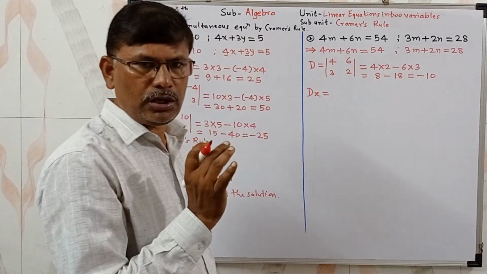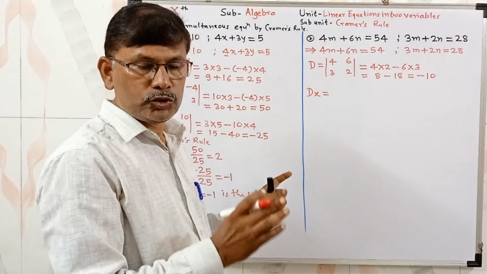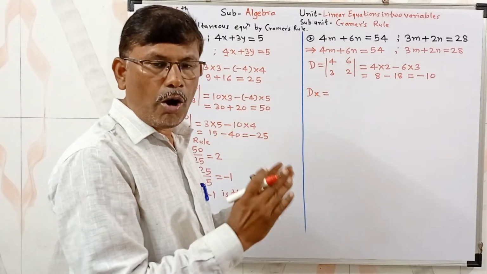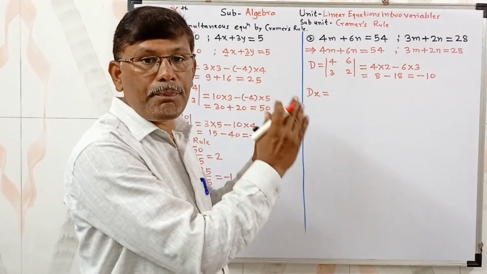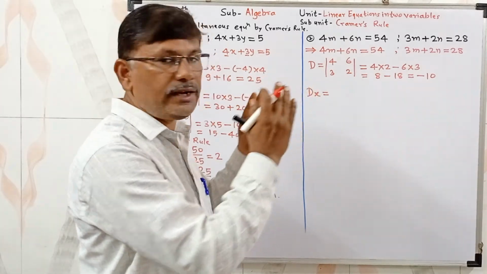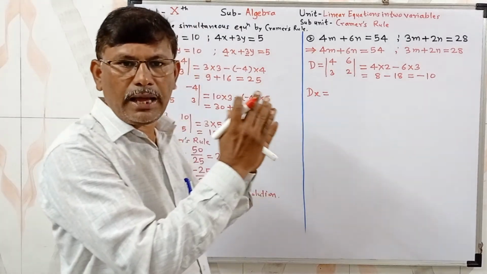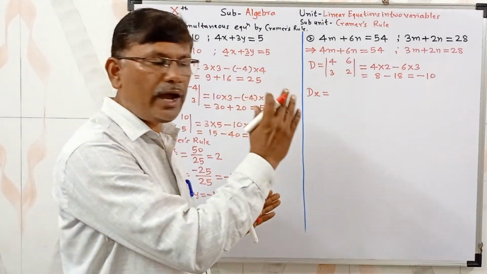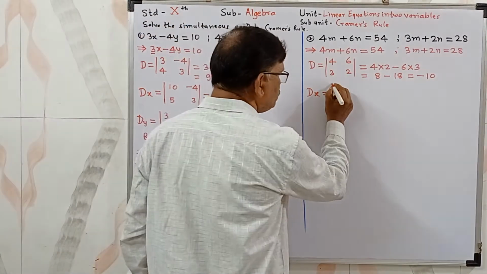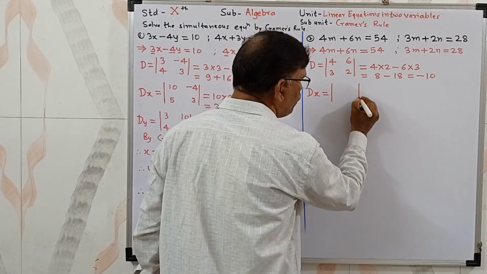We know Dx is the coefficient of x. So we must omit the column of x, means A1, A2. We must omit the column A1, A2, means we have to write column C1, C2 and B1, B2.